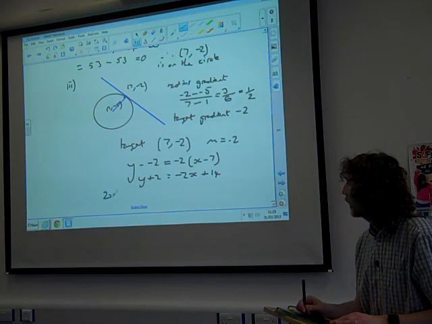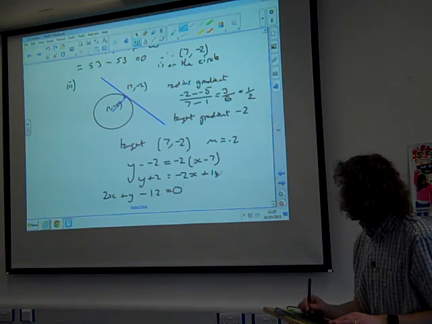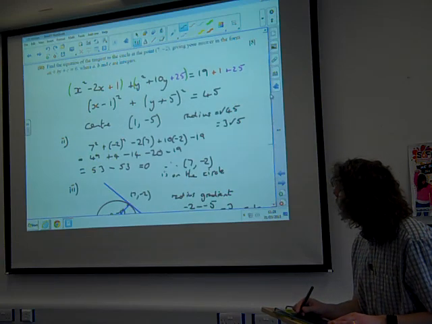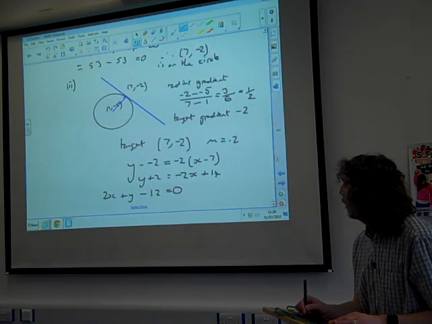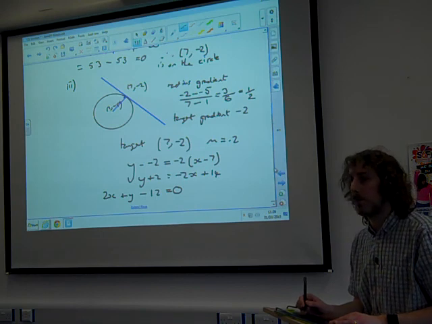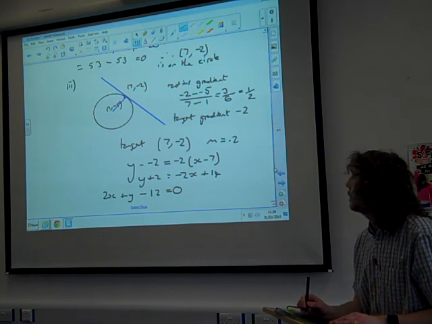So 2x plus y minus 12 equals 0. And there we have our tangent of the circle at point 7, minus 2 in the form ax plus by plus c equals 0. There we go.